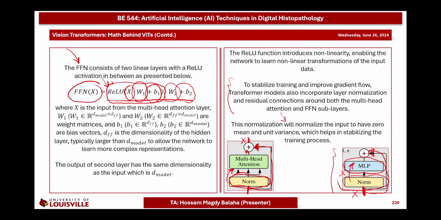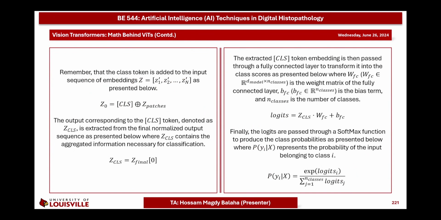After that, this will be the output of the encoder. The output of the encoder is applied to another encoder, to a third encoder, and so on until it reaches the classification head and then the output. So remember that the class token is added initially, or prepended, to the sequence of embeddings Z as presented here.